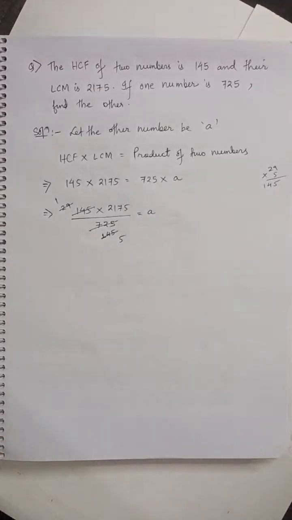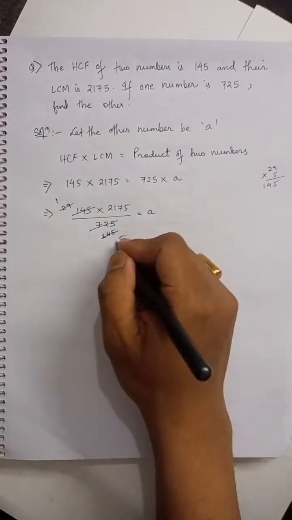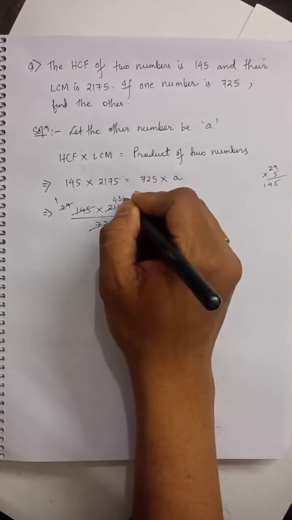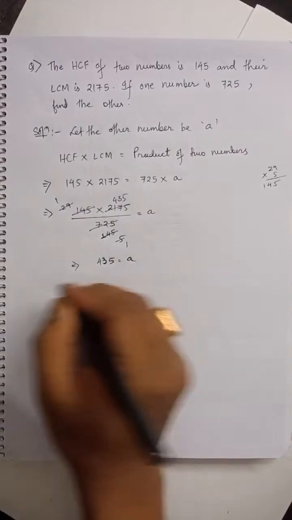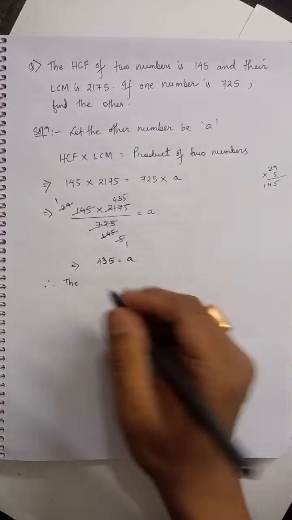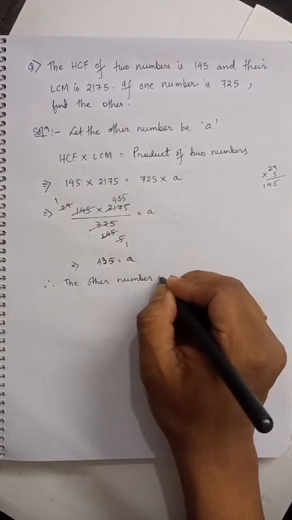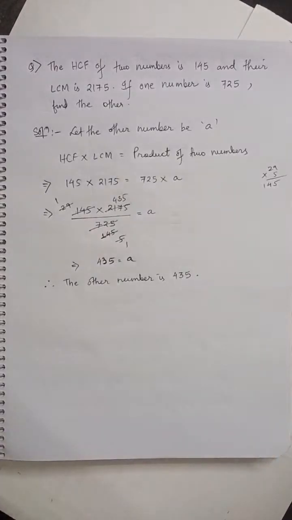The remaining 5, let us use it to divide 2175. So we have got 435. And therefore the other number, or the required number, whichever way you want to write, is 435. So this type of questions can be expected in exams, so this is a very important topic.